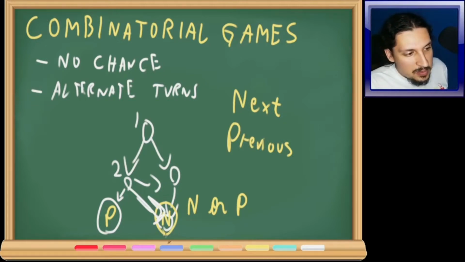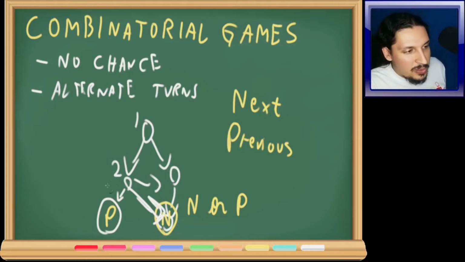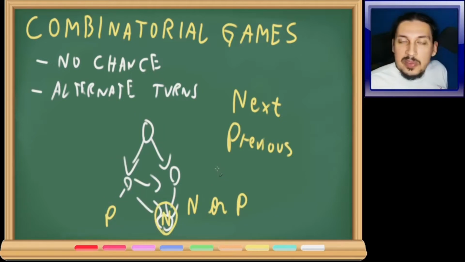So for N nodes, the next player wins. In this case, player 1 would win. So here, player 2 faces an important choice. If he chooses this one and moves to a P position, he wins, because he is the previous player. But if he moves here, the next player, which is player 1, will win. Okay, so this is the structure that a combinatorial game will always have for us.